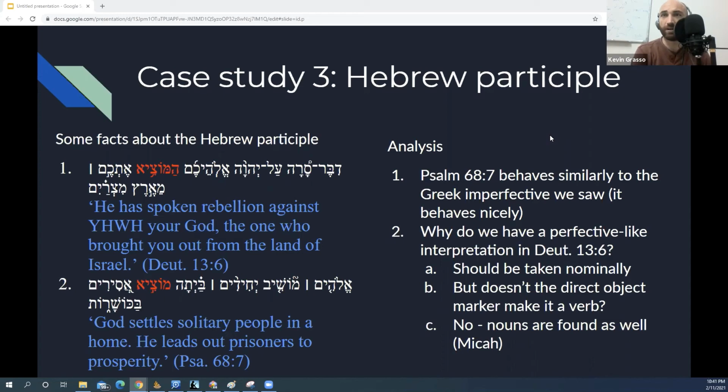I left out the reference here, but there's an example in Micah, and plenty of others. This shows that we need to be careful about all the different elements in play. I can't just say et requires a verb; that's a claim that needs to be checked. And it turns out in Hebrew there are plenty of nouns that take et as direct objects.